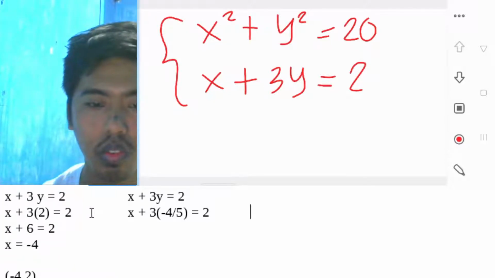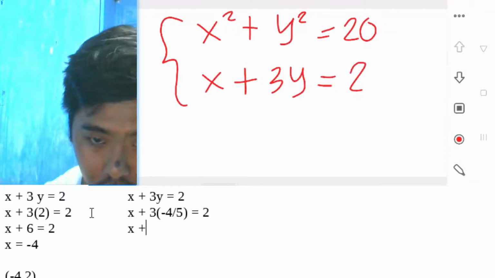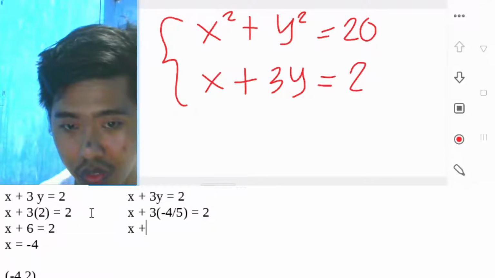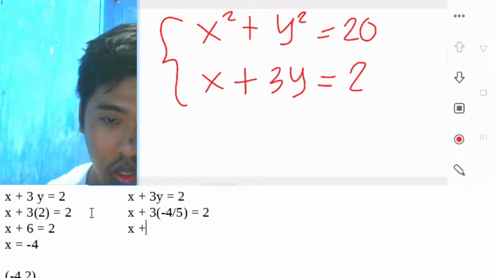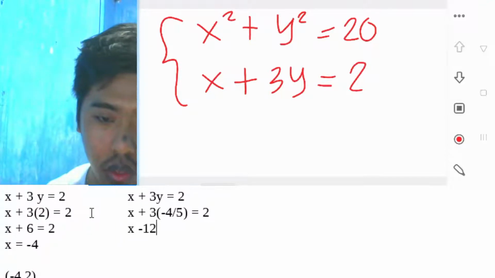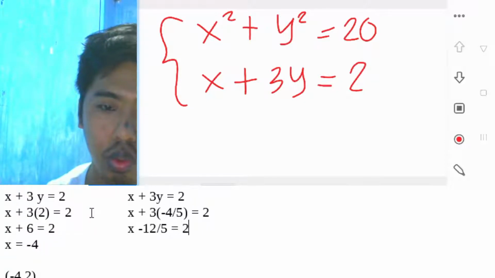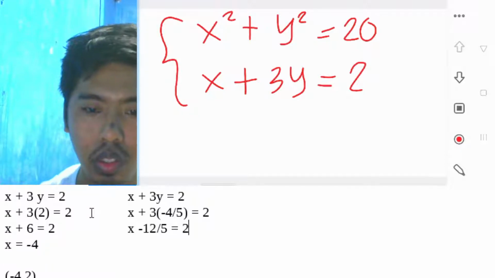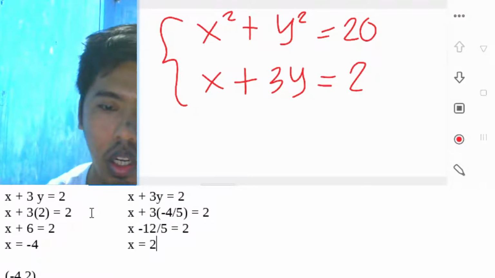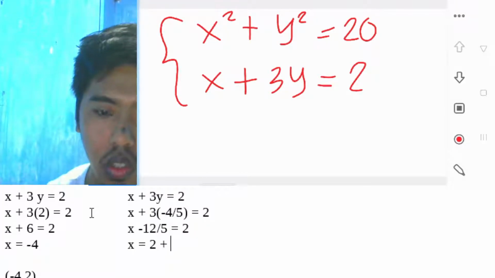Now here, x plus 3 times negative 4 is negative 12, so negative 12 over 5 equal to 2. If I put the 12 over 5 on the other side, it will become x equals 2 plus 12 over 5.